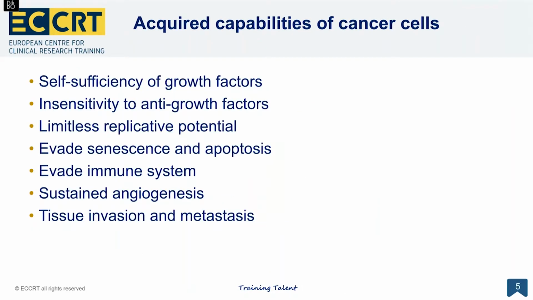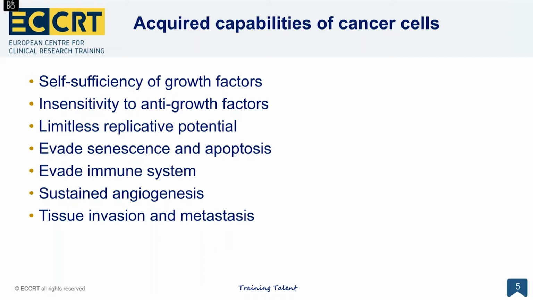Now, what are the acquired capabilities of cancer cells? What makes these cells so lethal? There are different capabilities. First of all, they can grow as fast as they want. Self-sufficiency of growth factors: they can create growth factors, and you can hear it in the word growth, so they make cell growth.